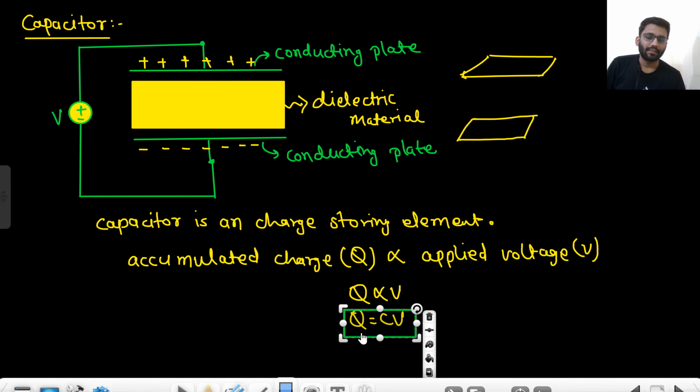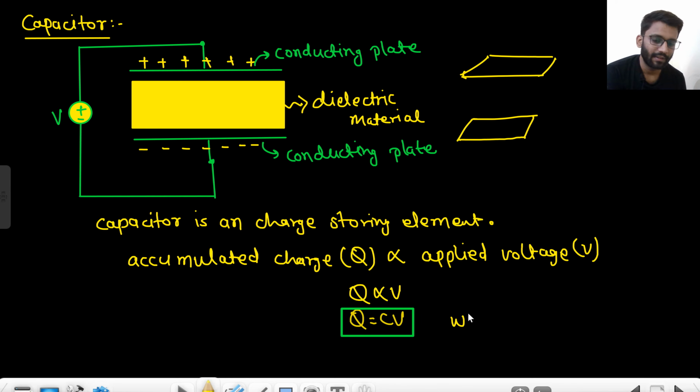For a capacitor, this equation holds true. Q equals CV, where C is the capacitance. Capacitor is an element while capacitance is a property.